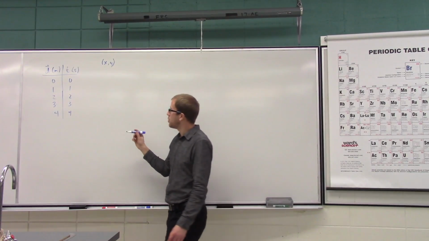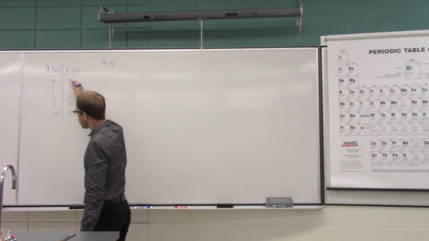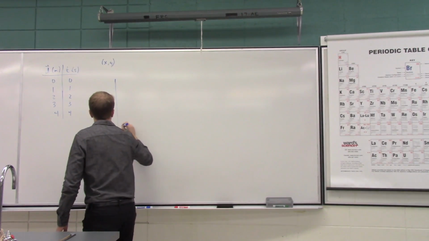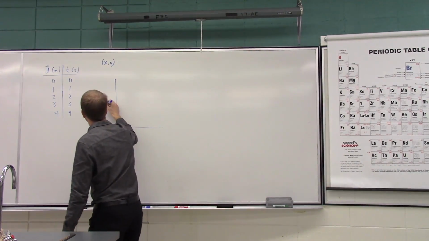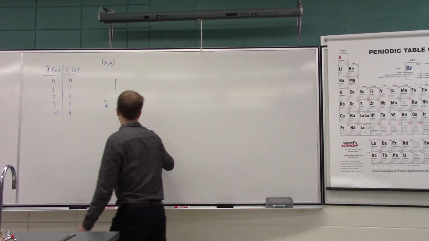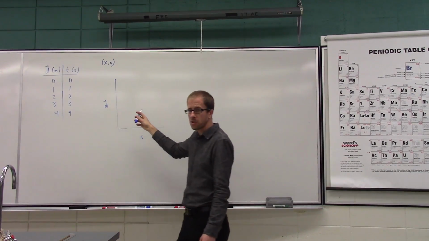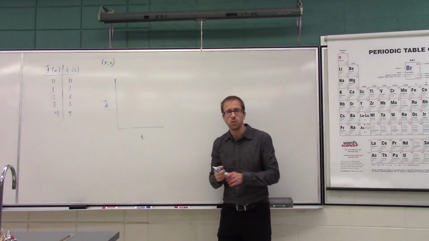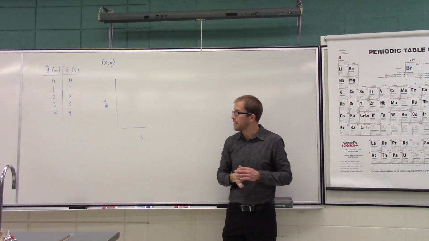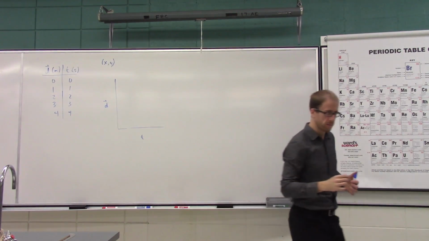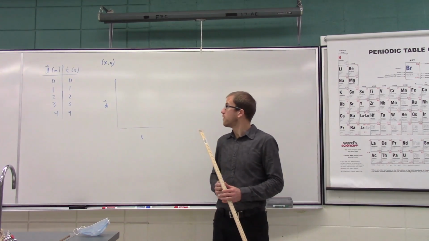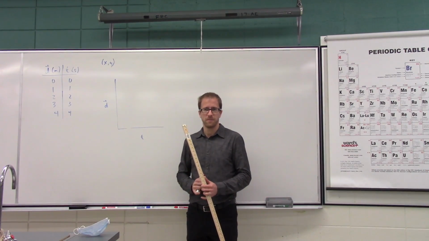What I want you to do is plot these ordered pairs on a position time graph, and I want you to tell me what the velocity of this object is. Who can tell me the velocity of this object?